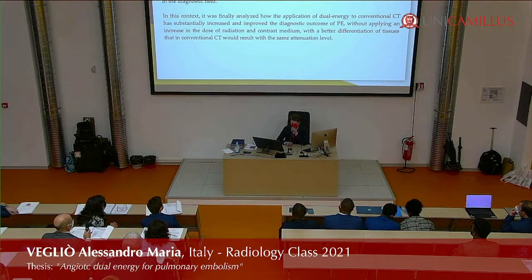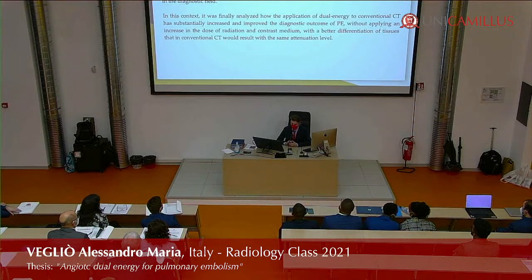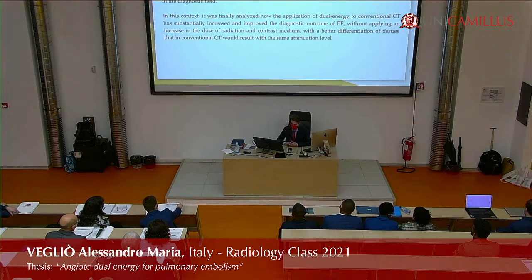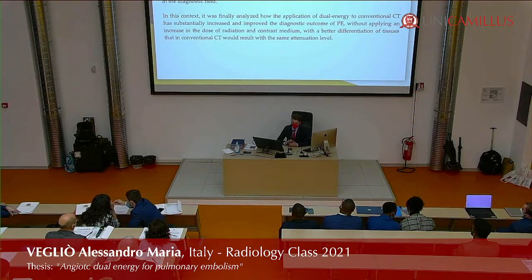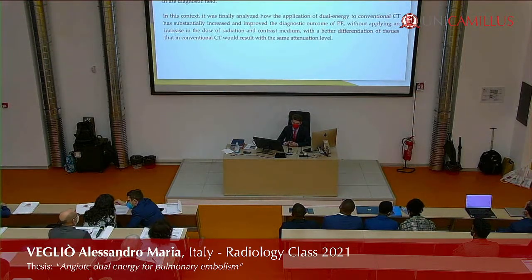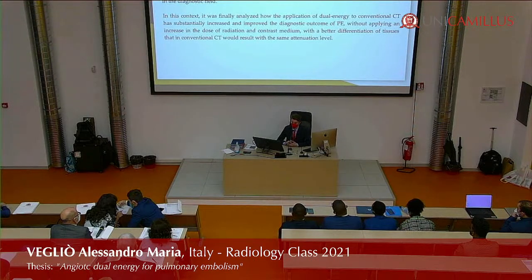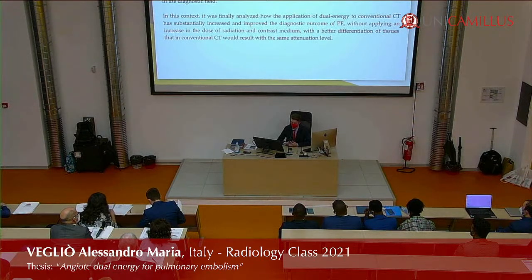Okay. As I said before, the iodine map shows only the iodine-containing contrast agent in the tissues. So it does not show the true perfusion of the vessels, but the flowing of the contrast medium. For this reason it has to be read carefully, because sometimes, not always, the pulmonary embolism causes a filling defect in pulmonary arteries.